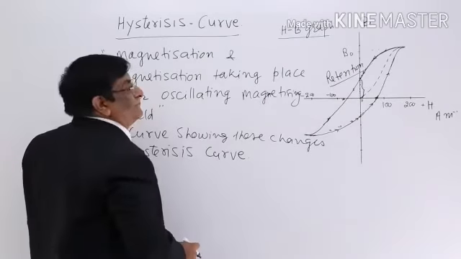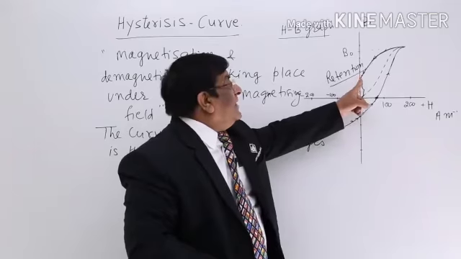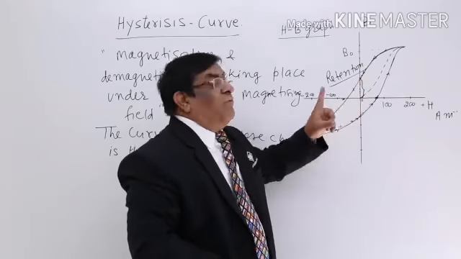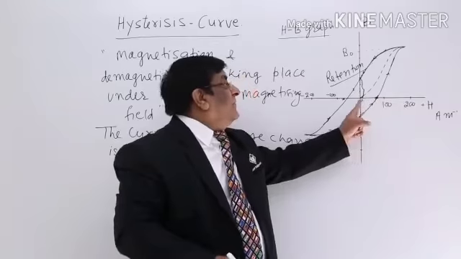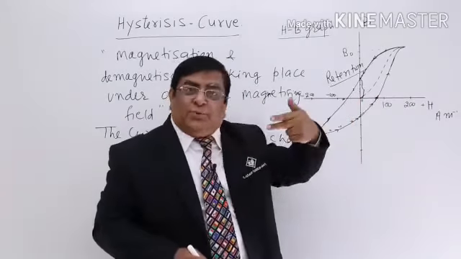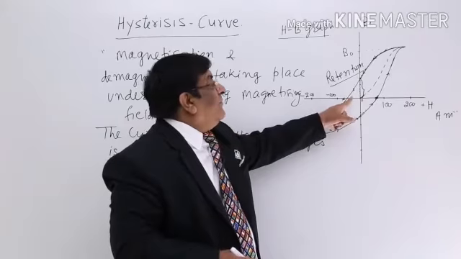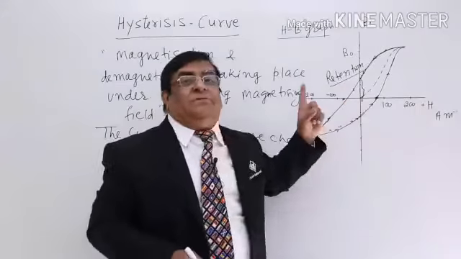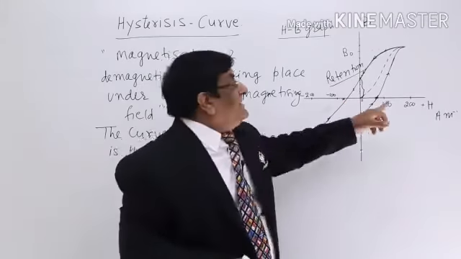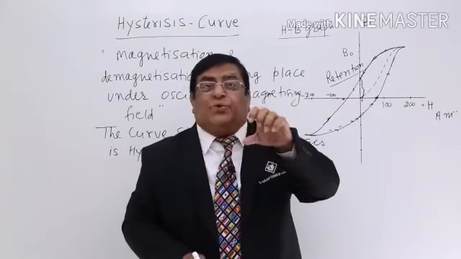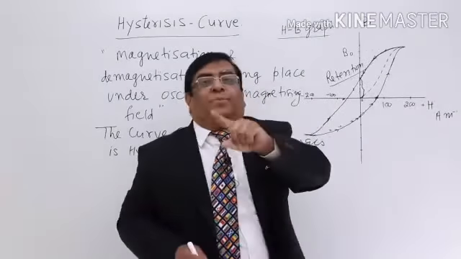So now there is another thing. This retention, we want to make it 0. What do we have to do? We have to change the direction of H, make it in the opposite negative direction, and when it comes to this value of H, then B becomes 0. So we say that this H, negative H, has coerced, has forced the magnetic field to become 0.